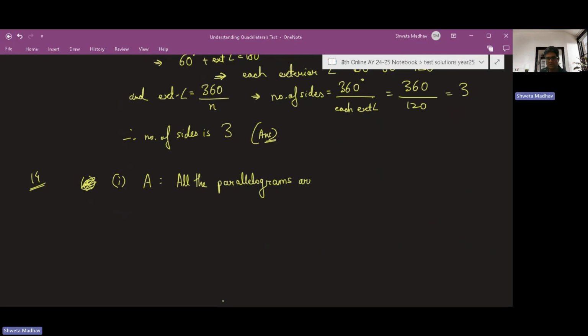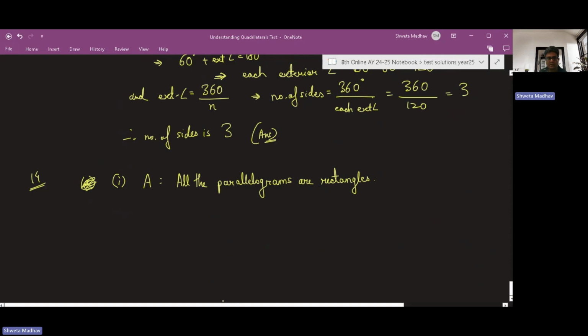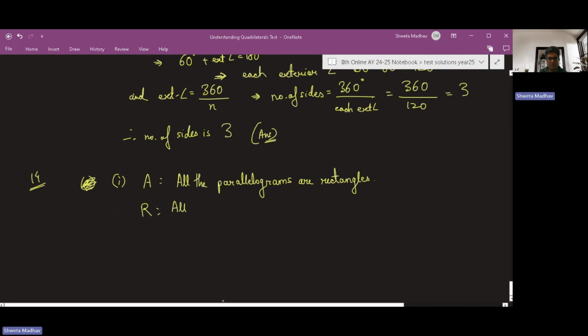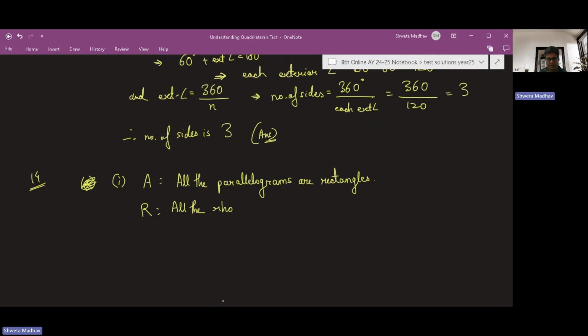In the first subpart, the assertion is that all the parallelograms are rectangles, and the reason is all the rhombuses are parallelograms.